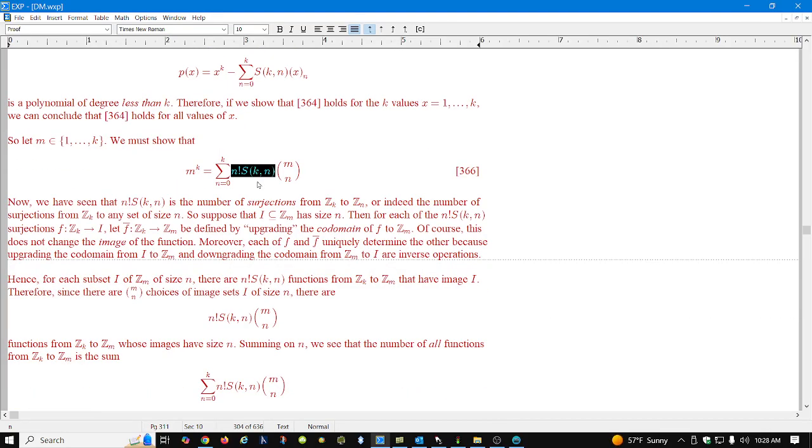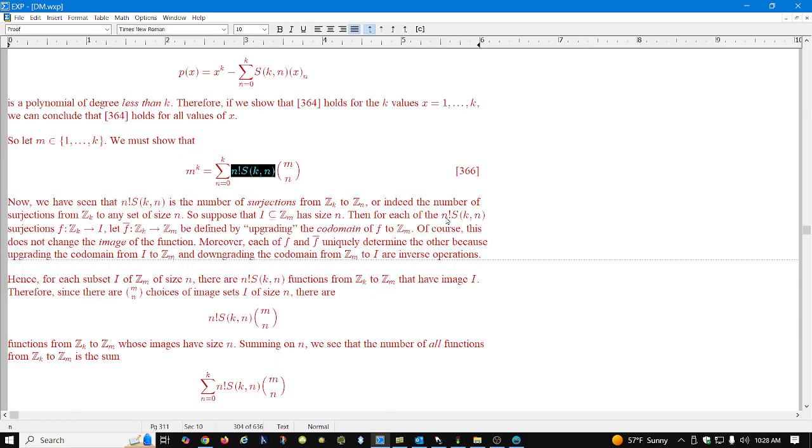This is the number of surjections from Z_k to n, okay. Or in fact, the number of surjections from Z_k to any set of size n. The elements of the set have no bearing on the sizes here. So suppose we have a subset of Z_m of size n, call it I.